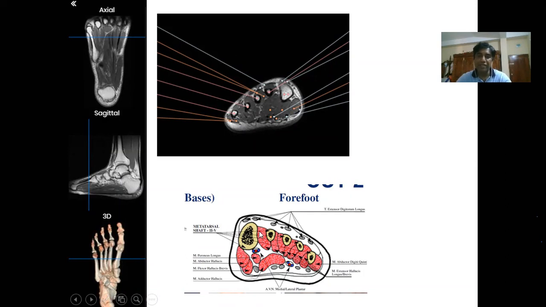I already told you that the first metatarsal is a little bit thicker, but for the other metatarsals, if you put any wire at the lower part of the first metatarsal, frequently it misses all the other metatarsals. So you have to keep the anatomical consideration: if you want to put the wire in a little bit dorsal direction of the first metatarsal, then it will process the other metatarsals also.